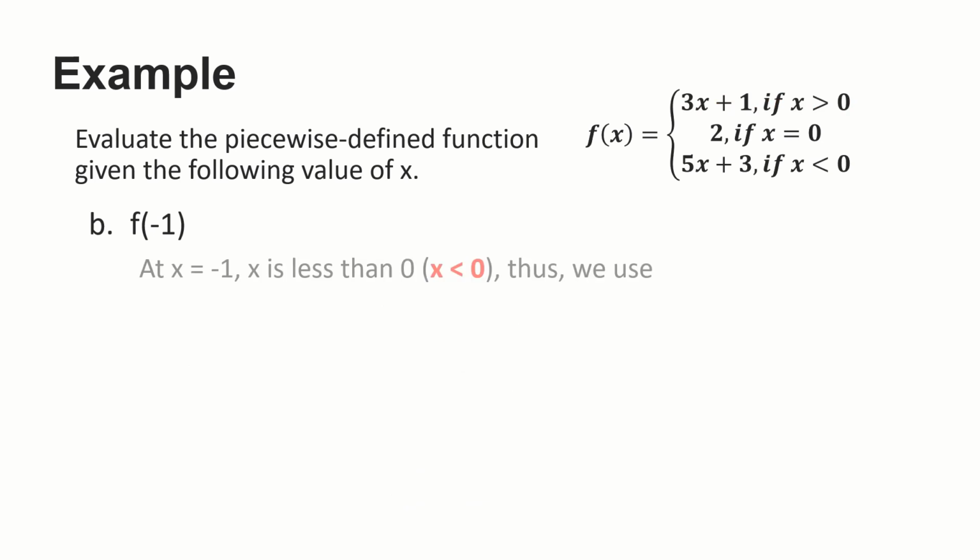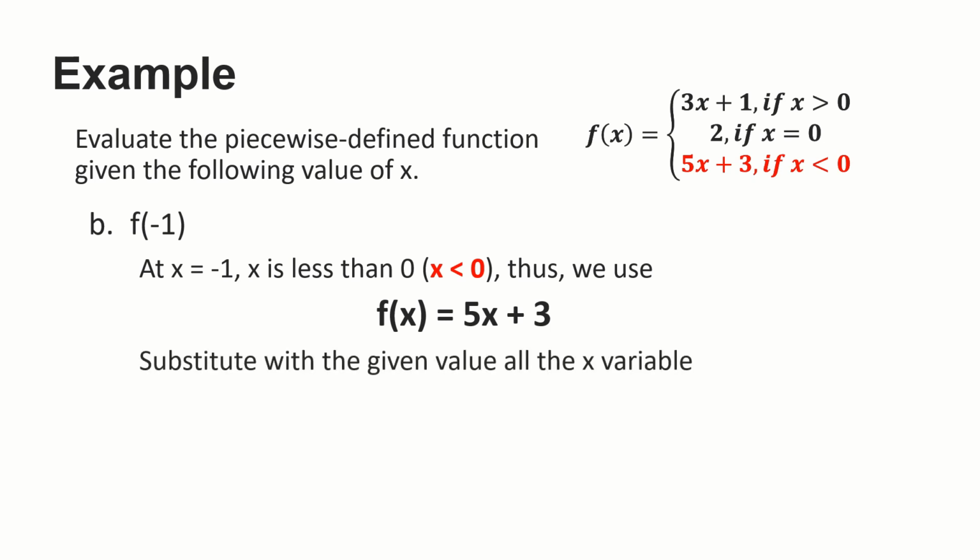For letter B, negative 1 is a value that is less than 0. Thus, we use our third subfunction, f of x is equal to 5x plus 3. Proceeding with the evaluation of the function, we substitute all the variable x with the given value of x. So f of negative 1 is equal to 5 times negative 1 plus 3.